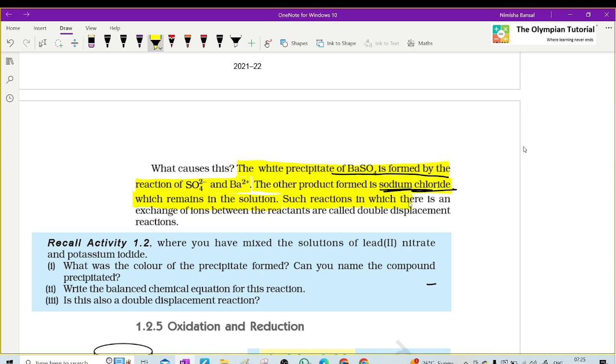Such reactions in which there is an exchange of ions between the reactants are called double displacement reaction. So here in barium sulfate, two ions, barium and sulfate, and sodium chloride remains in solution. Written? No, ma'am, I have to write this one. Okay, sure.